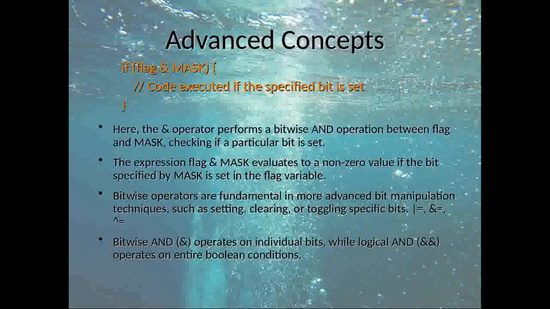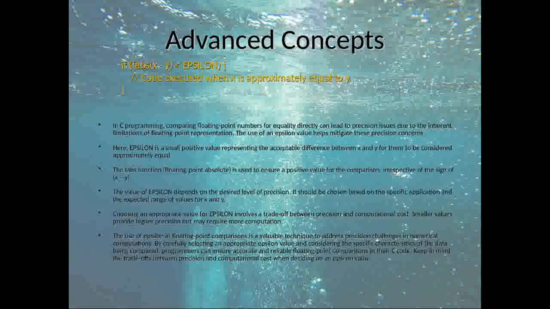Now the next advanced concept we have is approximately equal to. Floating point comparisons can lead to precision issues. So you have this potential problem where it's close but not close enough.